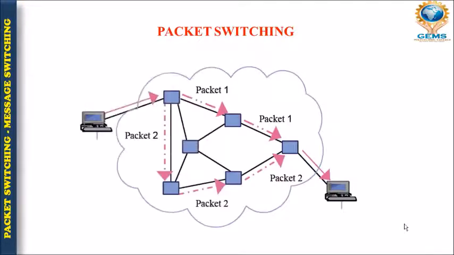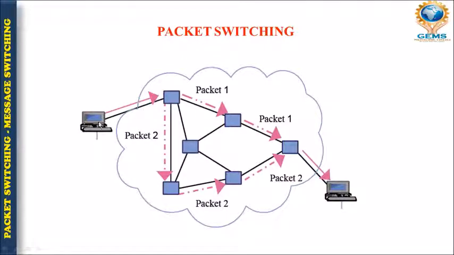So this is a good example of packet switching. Here we have two stations. One is your sender, this is your receiver, and these are the intermediate nodes.